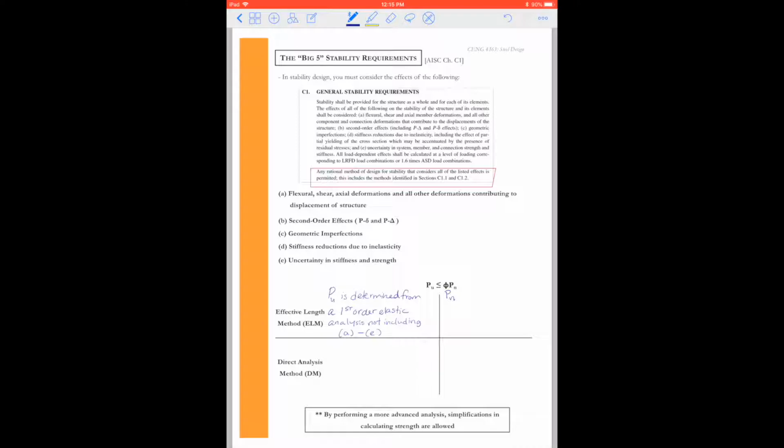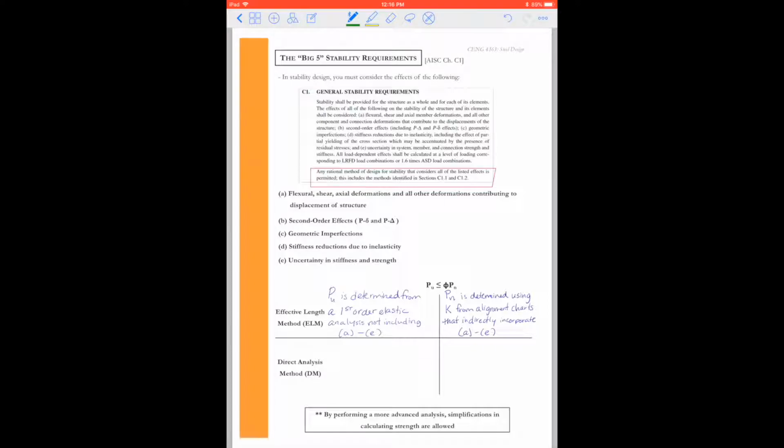And so in the effective length method, when we determine P sub n, or the nominal capacity, this is determined using an effective length factor, capital K, from what we call the alignment charts in the manual, that I would say indirectly incorporate A through E.